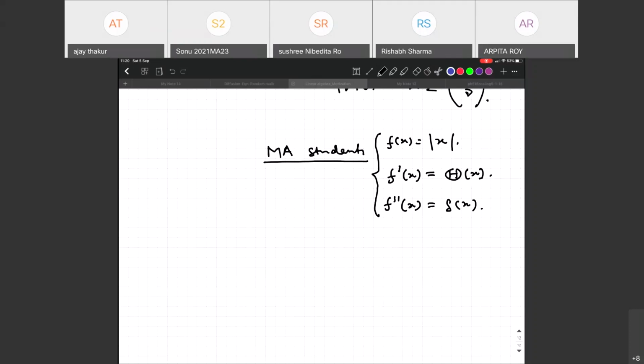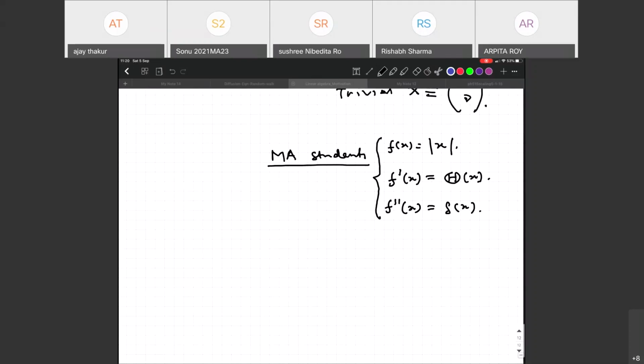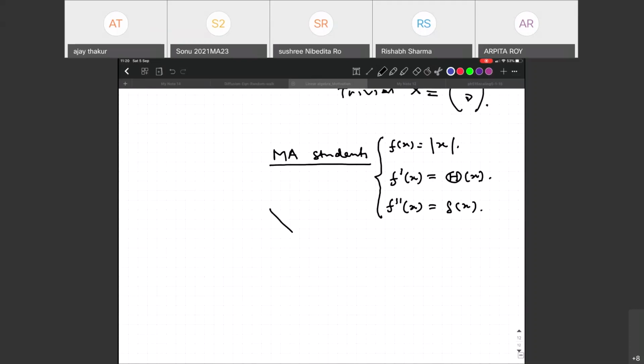If you recall, we did plot modulo x, which was f of x equals modulo x.